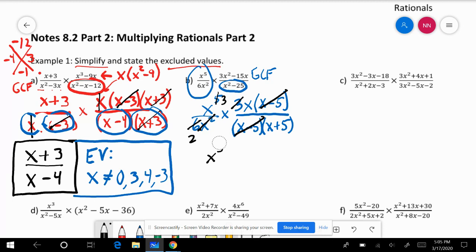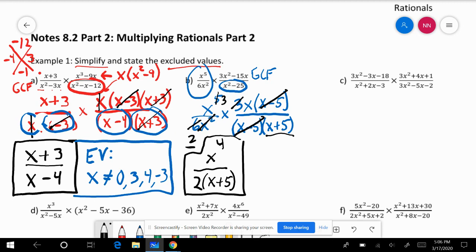So if we add that up, that gives us a 4, x to the 4th. And then in the denominator, there's a 2, and there's an x plus. So that right there gives us our first answer.